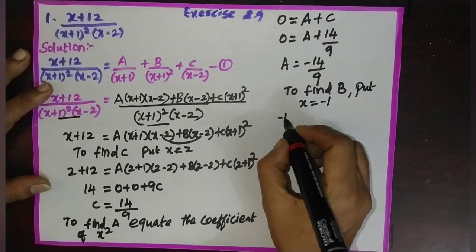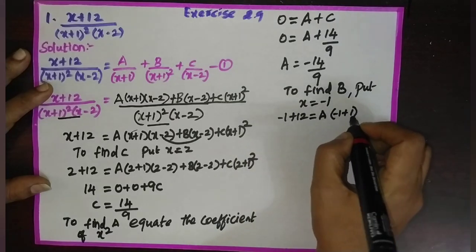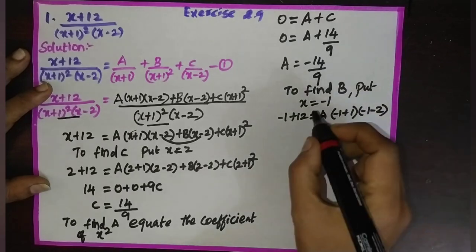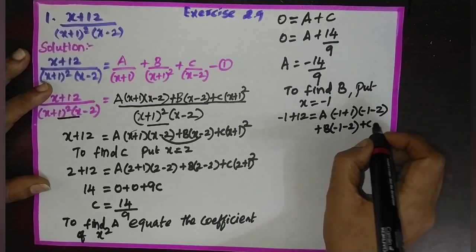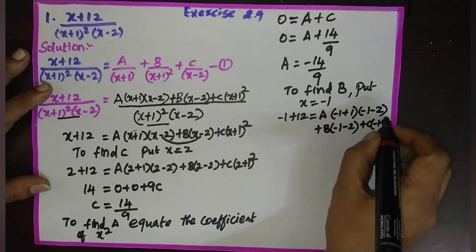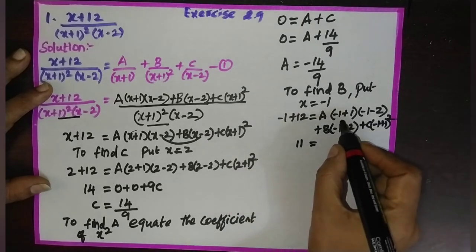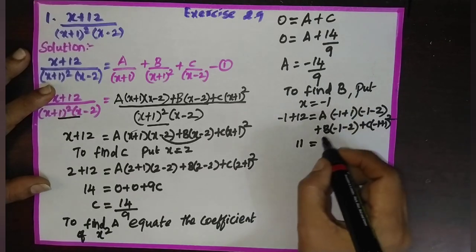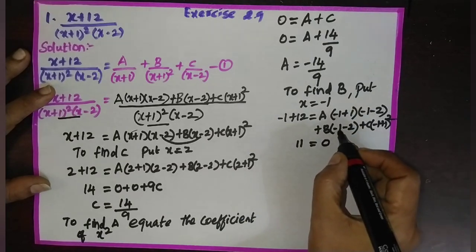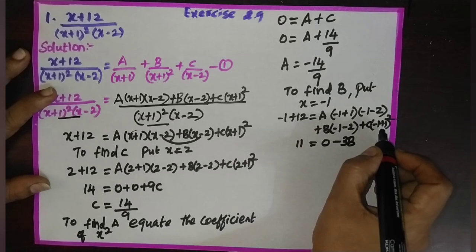Then minus 1 plus 12 equal to a into minus 1 plus 1 into minus 1 minus 2 plus b into minus 1 minus 2 plus c into minus 1 plus 1 the whole square. Minus 1 plus 12 is 11 equal to minus 1 plus 1 is 0. 0 into a into minus 3 is 0. Minus 1 minus 2 is minus 3. Minus 3 into b is minus 3b. Minus 1 plus 1 is 0.